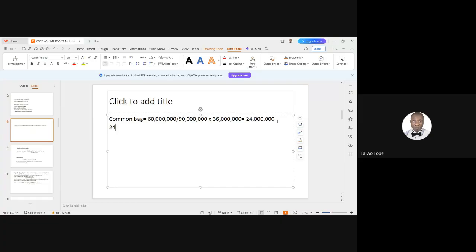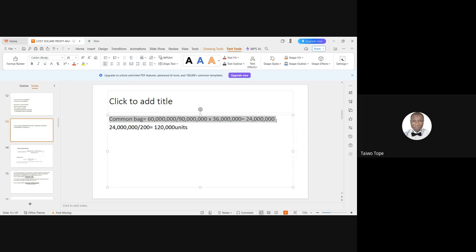So it will be 24 million divided by 200, to give me the units I need to sell to make 24 million. That would be 120,000 units.